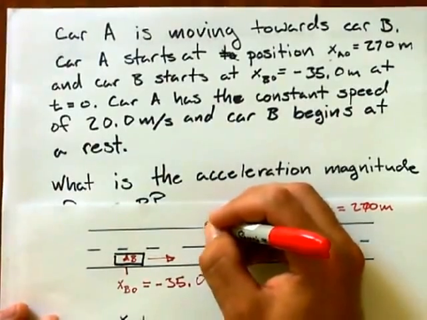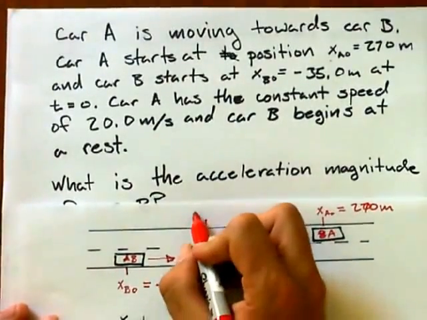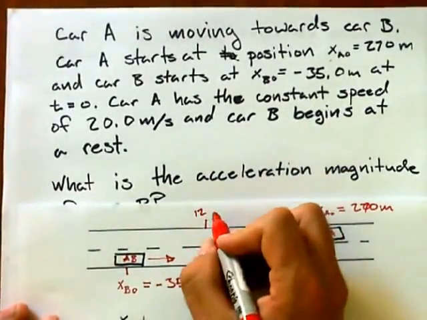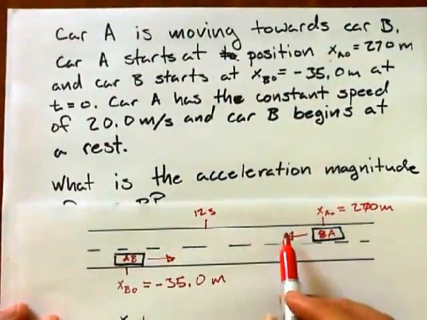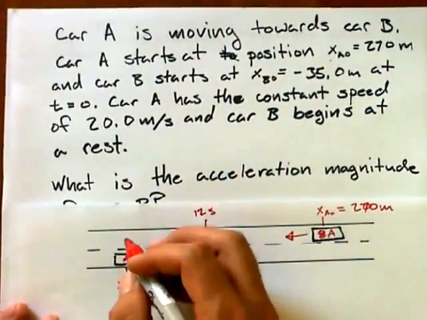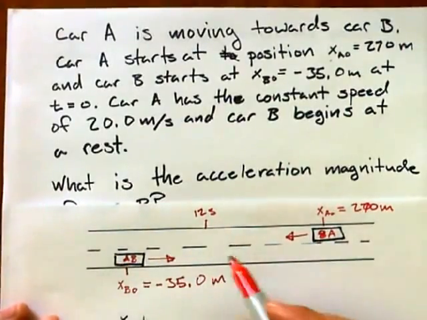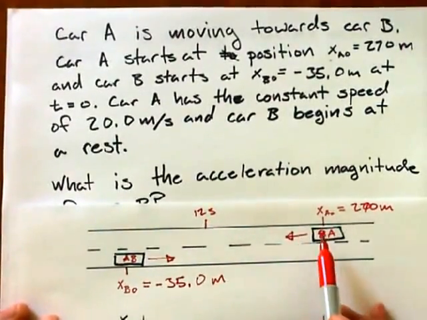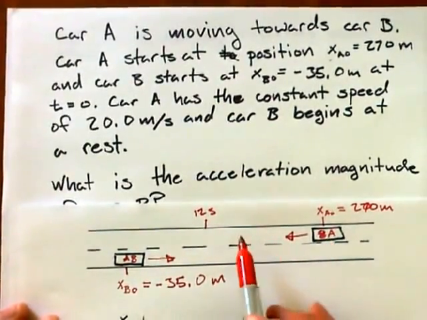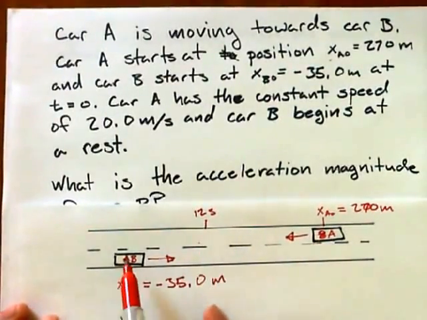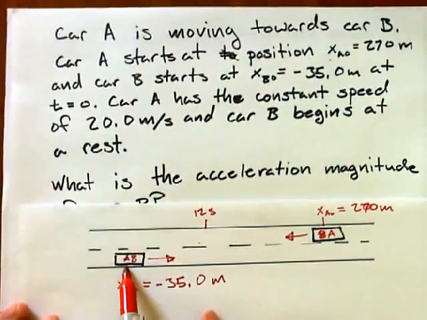I don't know exactly where it is, but this helped me visualize it. So we'll say 12 seconds, and I want to figure out the distance from A to B, then the distance for A to get here, and then the distance for B to get to 12 seconds.